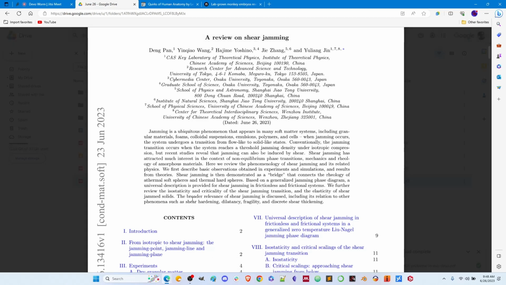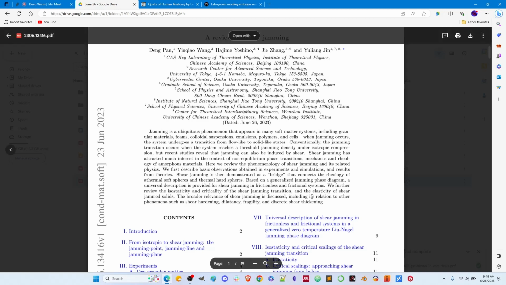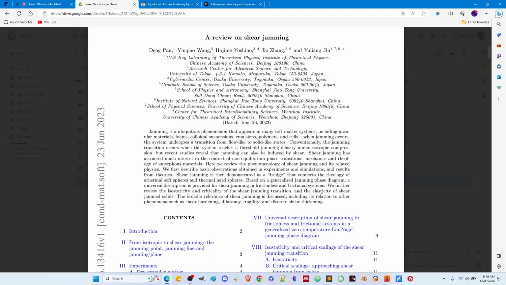So even though it's a solid, it still has some soft matter properties that are interesting. They have a greater elasticity than, say, a brittle solid, for example. There's a great elasticity there, even though it's a solid.